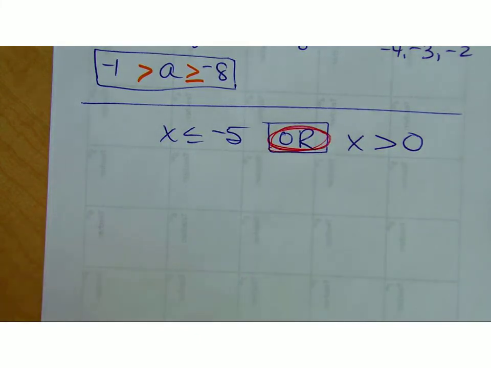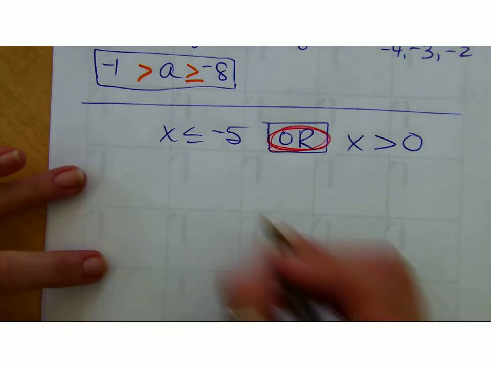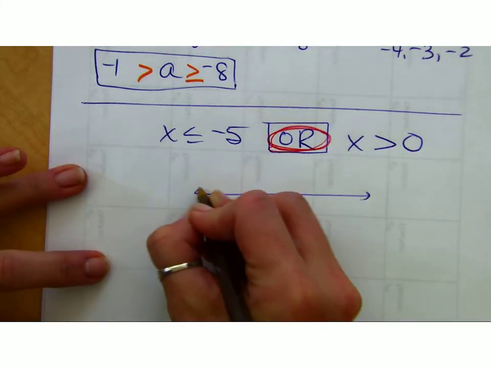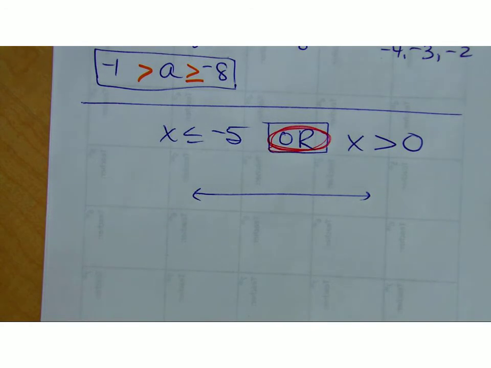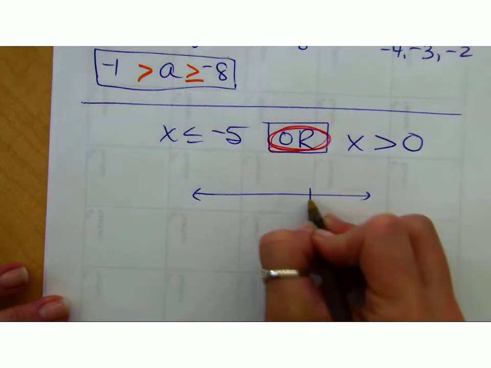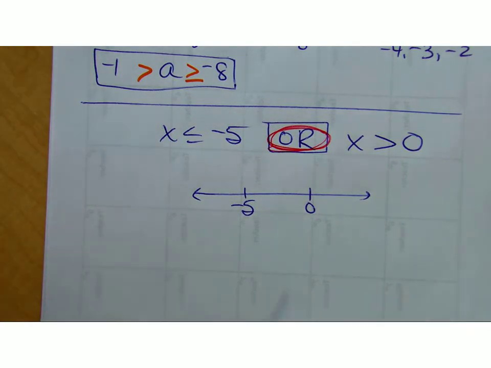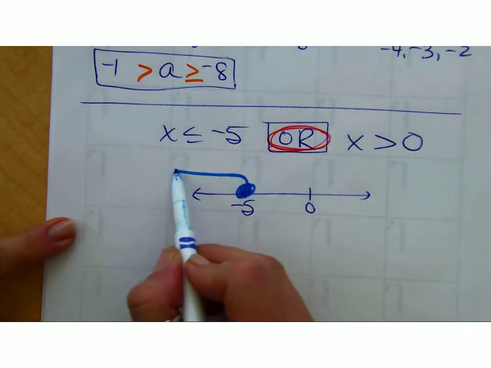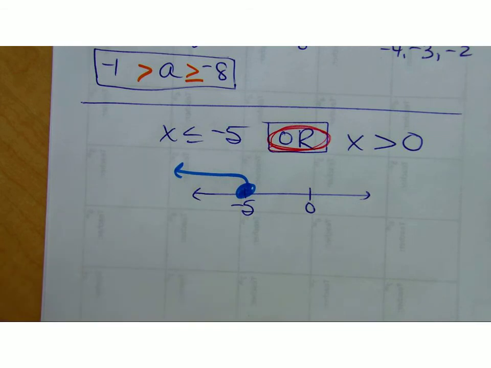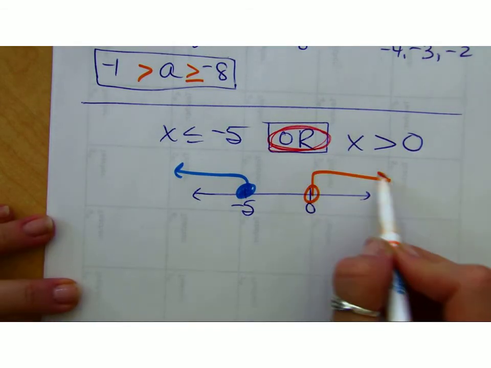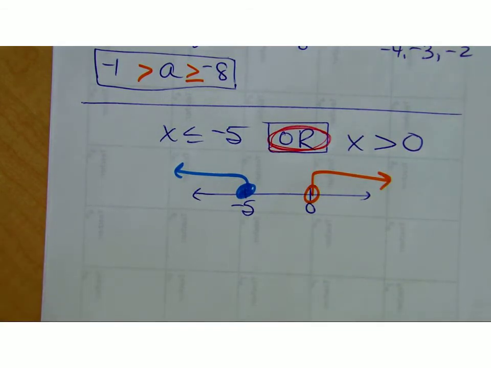Or means it doesn't have to fit in both. It means pick one. So what does this look like in terms of my solution set? It looks like me taking 0, -5. Here are all the numbers that are less than or equal to -5. Here are all the numbers that are greater than 0. And that's my answer.